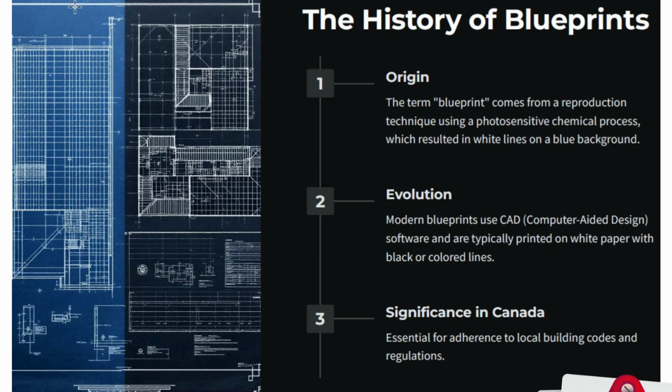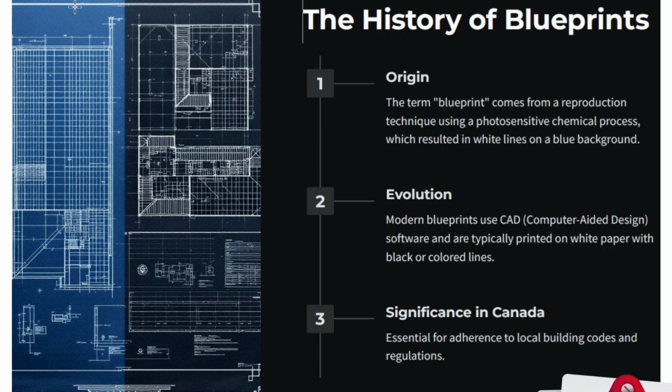CAD is the modern way of the blueprints, which does not follow a blue background, because in printing it's more economical to print on white paper. The CAD is based on white paper and black lines and colored lines.